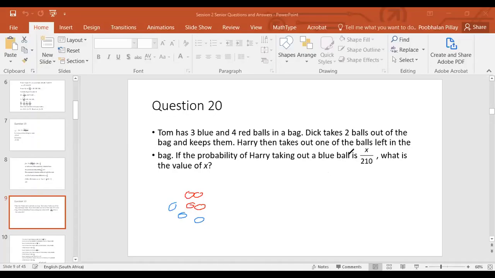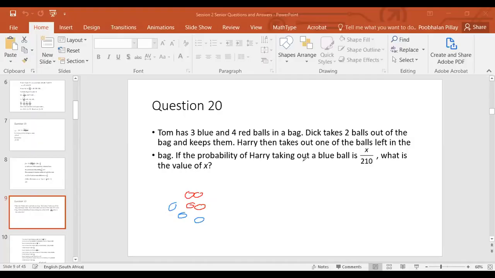Now Dick takes out 2 balls from the bag and keeps them. Takes any 2 and he keeps them. Harry then takes out 1 of the balls left in the bag. So that means he's taken out 2 and there's some which remain.